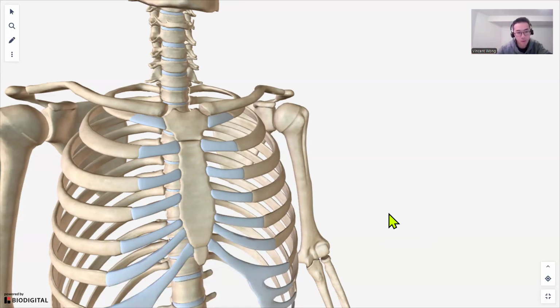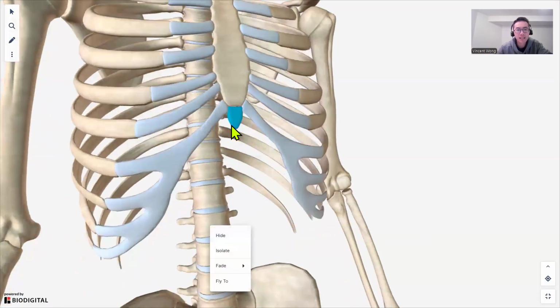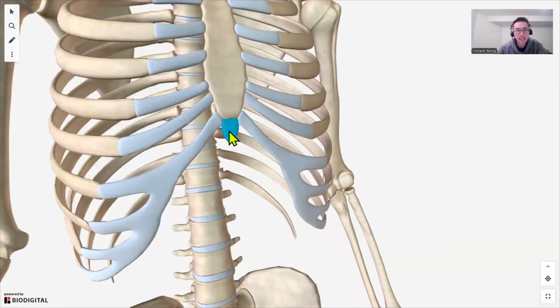We have 12 pairs of ribs, right? So manubrium 1 and 2, body of the sternum 2 to 7, nothing connects to the xiphoid. But the xiphoid process is the connecting point for your diaphragm.